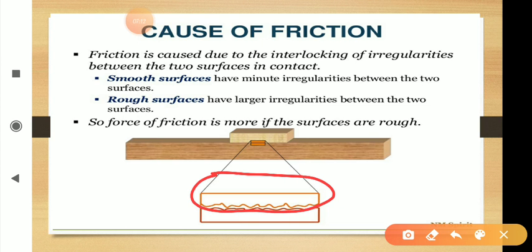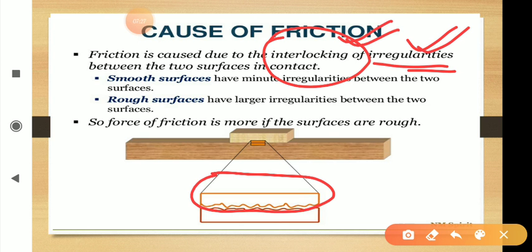And when we place these two objects one over another, these irregularities interlock with each other. And whenever we slide one body over the other, this interlocking must be broken. And due to this reason, a frictional force exists.